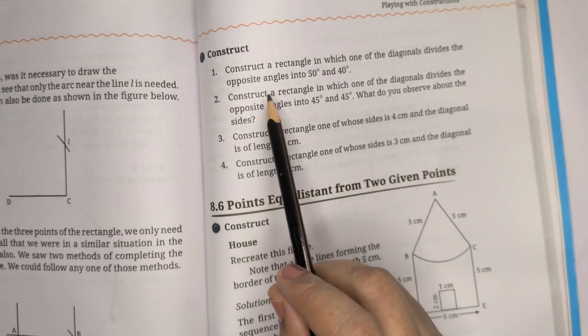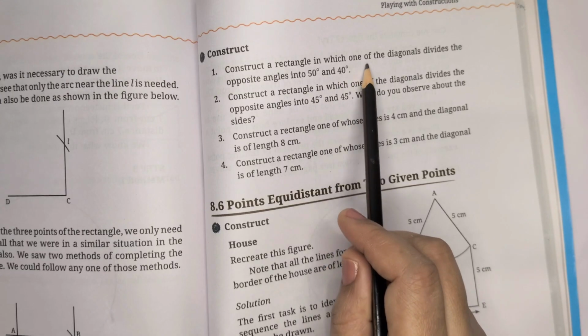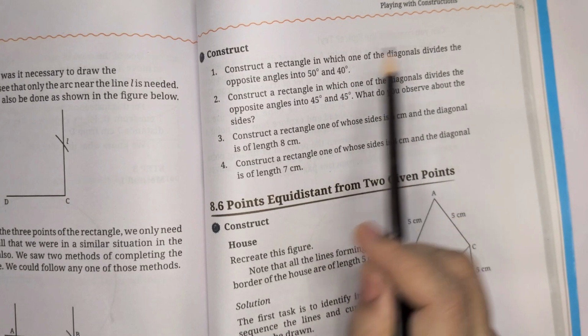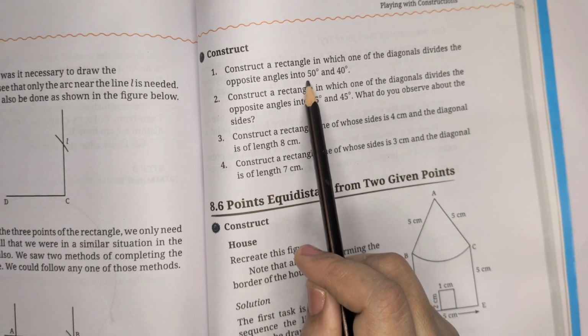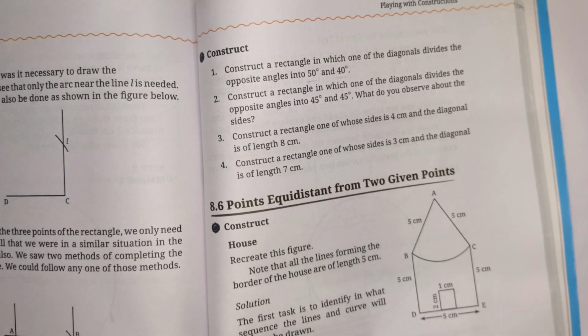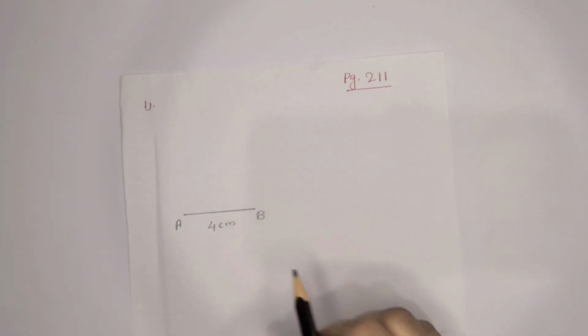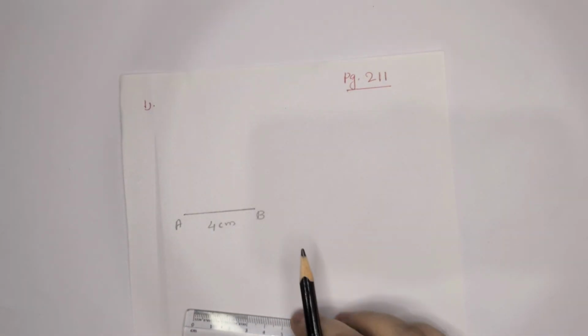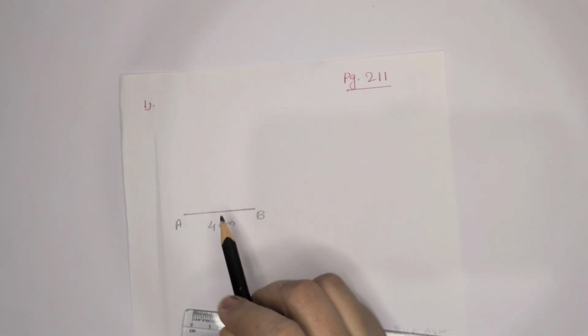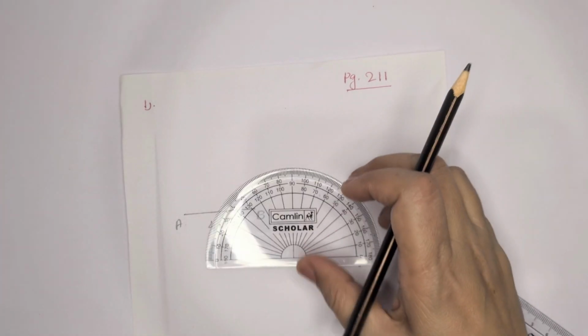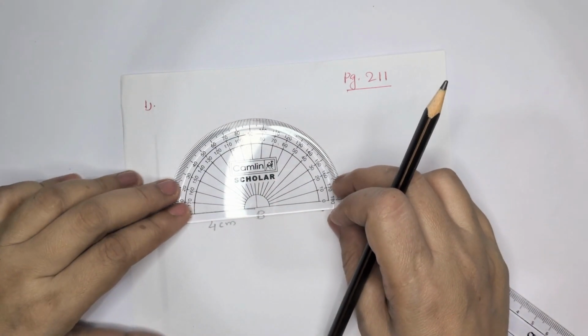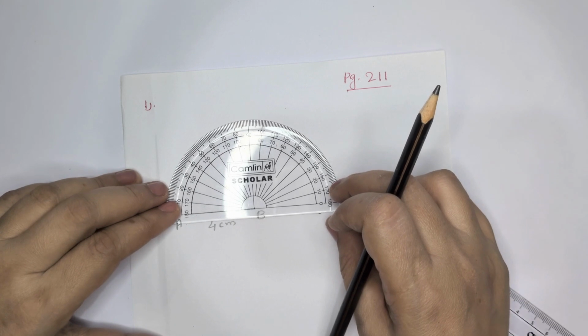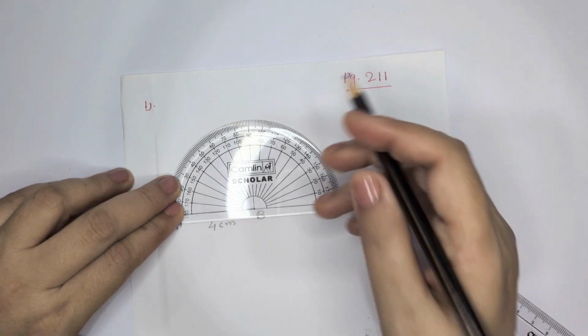Here the question: construct a rectangle in which one of the diagonals divides the opposite angles into 50 degree and 40 degree. For that, first we have to draw a line segment AB of 4 cm. Then from B, 90 degree we have to mark. In rectangles, all angles are 90 degree.